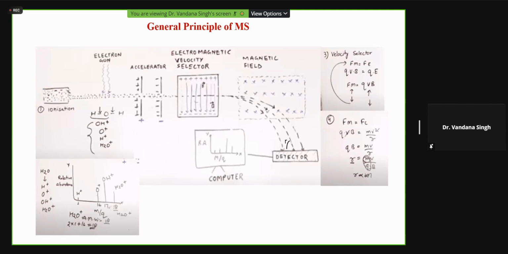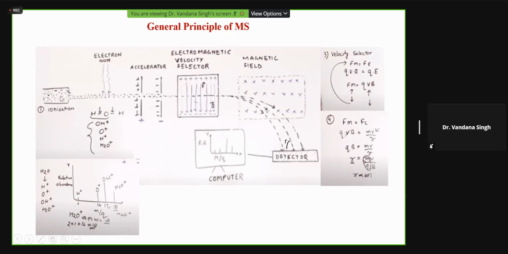What will happen? Generally, in the ionization chamber, what is used is an electron source, where very high speed electrons strike these incoming molecules, and they knock out the outermost shell electron from the molecule, so that the molecule becomes positively charged.